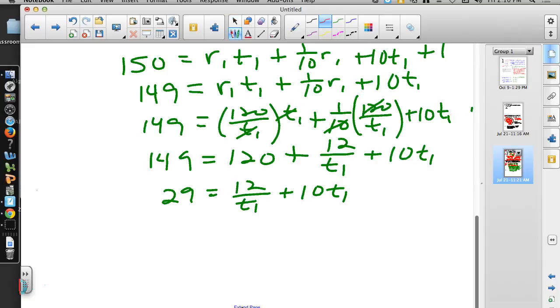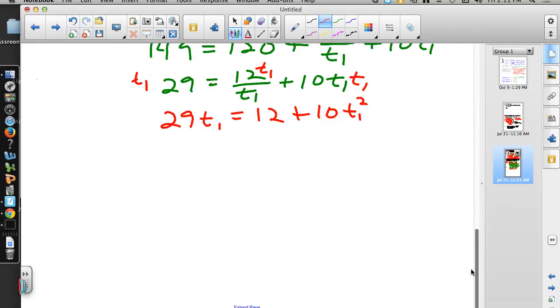So we're going to multiply everything by that least common denominator of t sub 1, which makes this 29 t sub 1 equals 12 plus 10 t sub 1 squared. And that's good news because that's our quadratic.